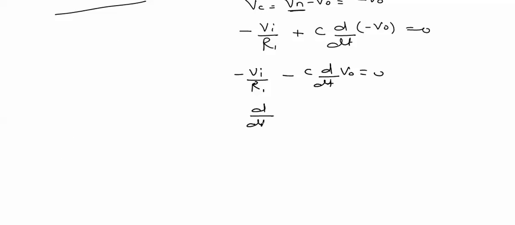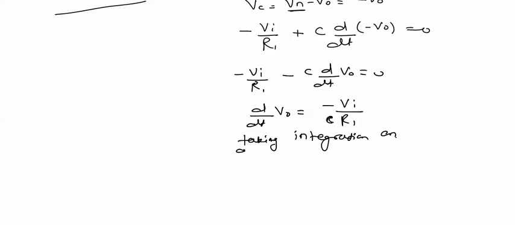So d by dt of V naught will be equal to minus Vi by R1 divided by C. Taking integration on both sides, therefore V naught equal to minus 1 upon R1 C into integral of Vi dt.